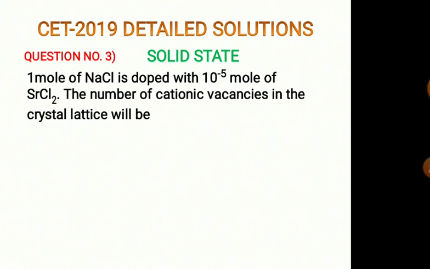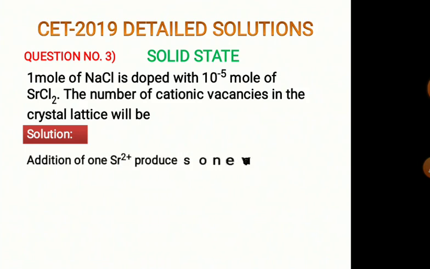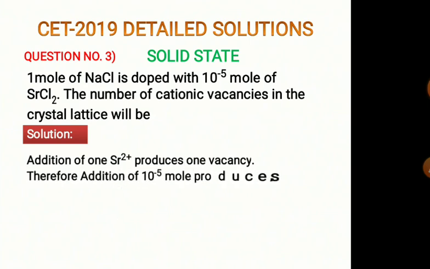If you see, Na plus is 1 valency, Sr is 2 plus valency, right? So when 1 Sr replaces 1 sodium, remember each strontium creates 1 cation vacancy. So 10 to the power minus 5 moles of SrCl2, that many cation vacancies will be there.